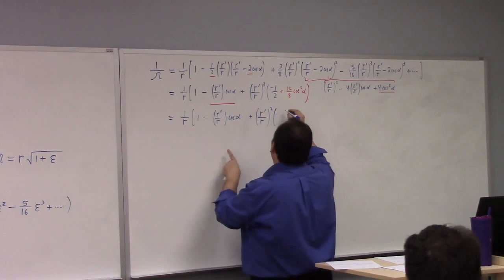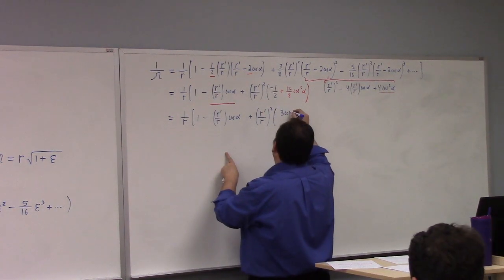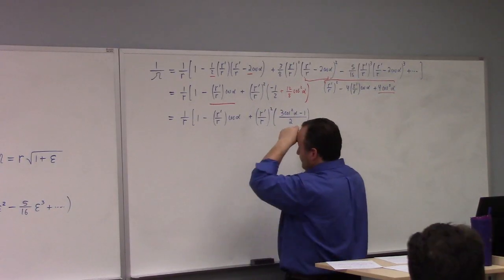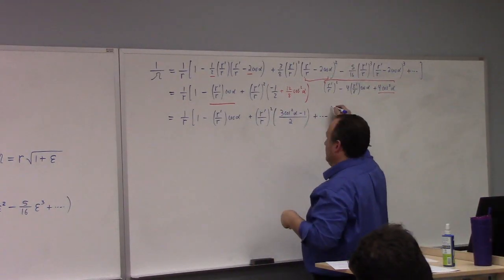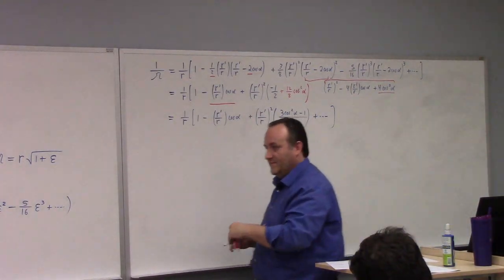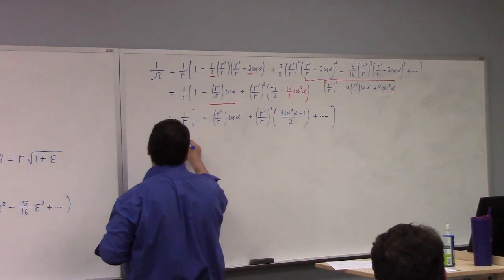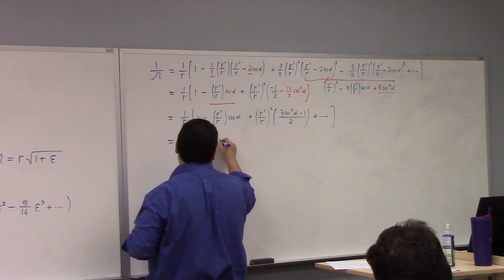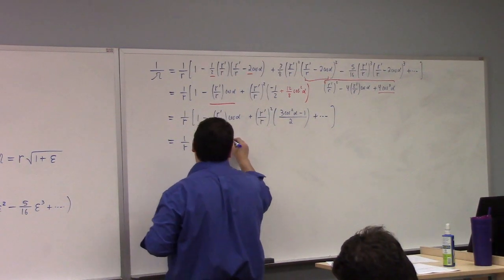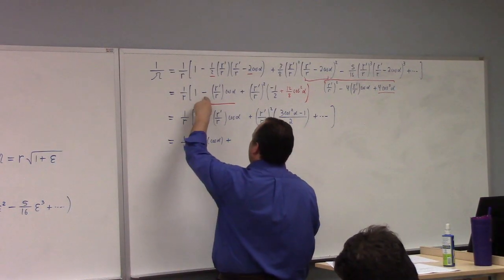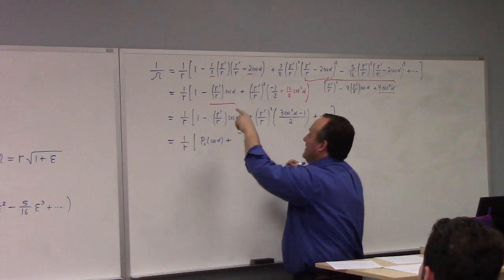So this is 3 cosine squared alpha minus 1 over 2, all right, plus stuff. Yeah, exactly. These are Legendre polynomials. This is 1 over r, P0 of cosine alpha, plus, I think that was supposed to be a plus. This was a plus, guys. Look, because minus and minus is a plus.